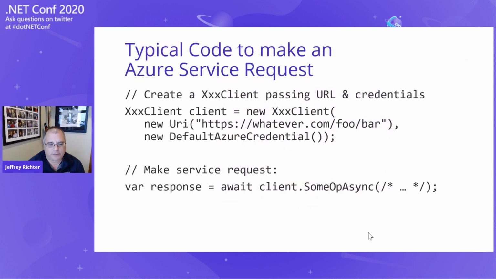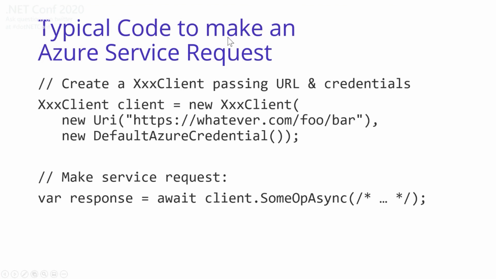So I said that it's very easy for you to get started using our SDKs. So let me give you what the typical code is that you would write to make some service request. Normally, after you download one of our client libraries, in .NET, you would add a using directive to the top of your source code.